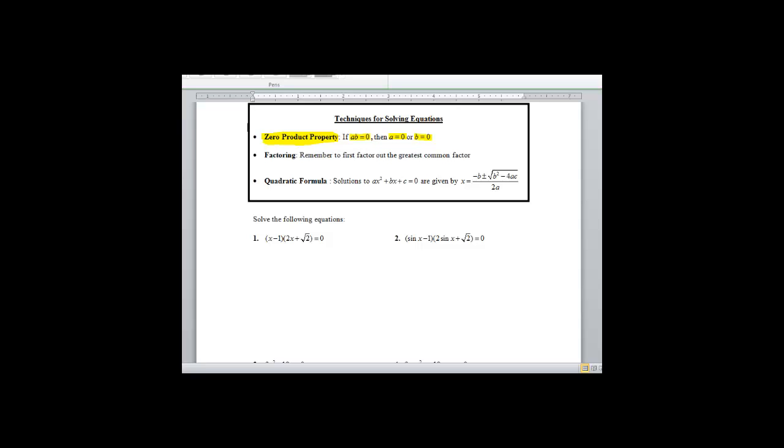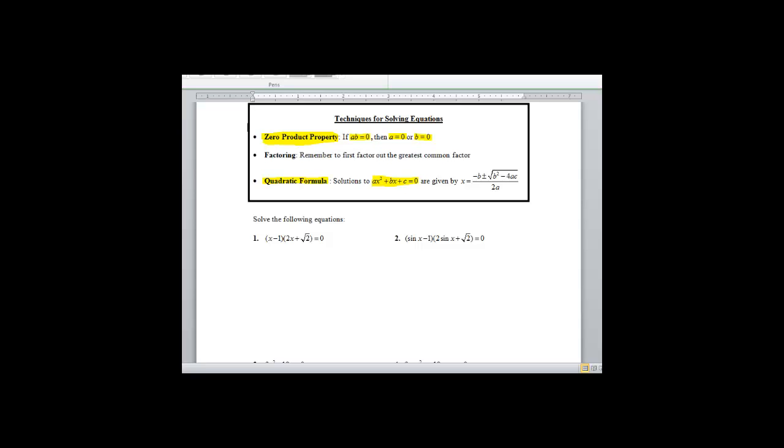Now the problem was, of course, not all quadratic equations would factor, so the ones that didn't factor we would have to solve by the quadratic formula. And remember, to use the quadratic formula, you have to first get the quadratic equation in the form ax squared plus bx plus c equals 0.